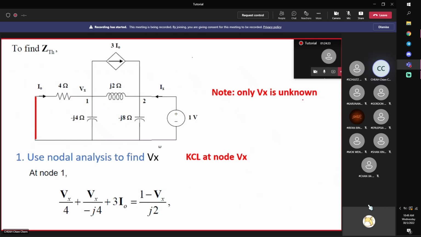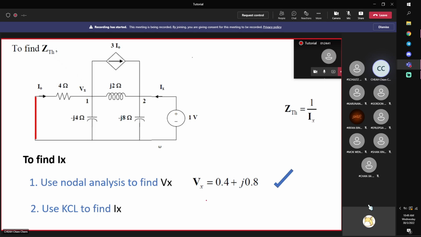Now, after I found Vx, from KCL at Vx I can get these solutions. I still need to find Ix in order to find ZTH, because Ix is here, the node voltage is here. So the next step is to find Ix by using Vx, and you take Kirchhoff current law at this node. It's not to solve the equation, but to find Ix. If Vx is known, then I0 is known, because I0 is Vx divided by 4.